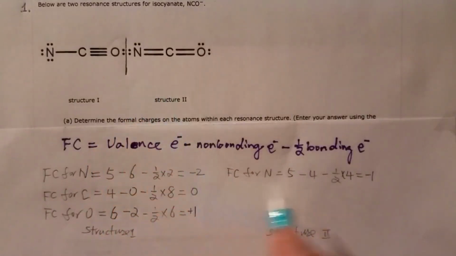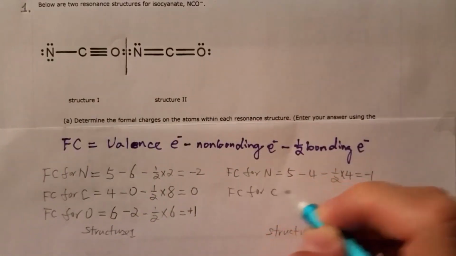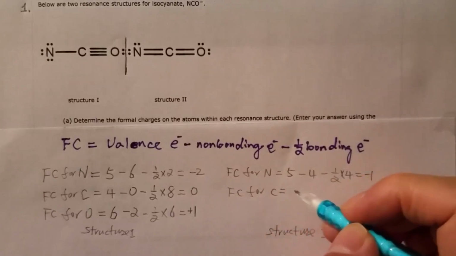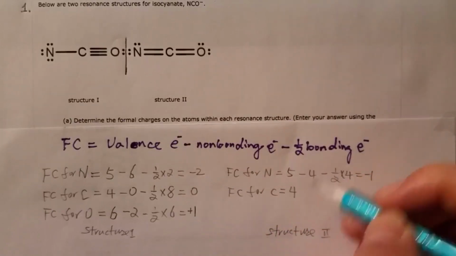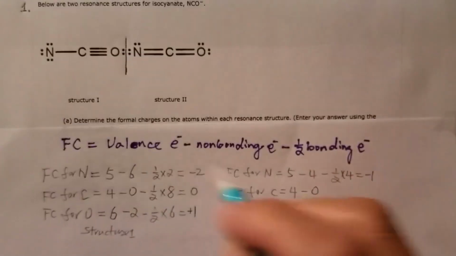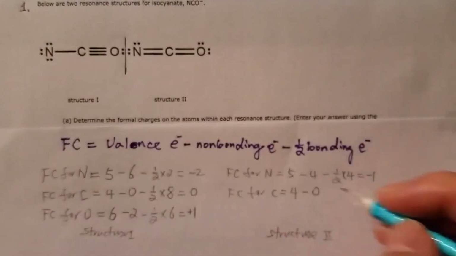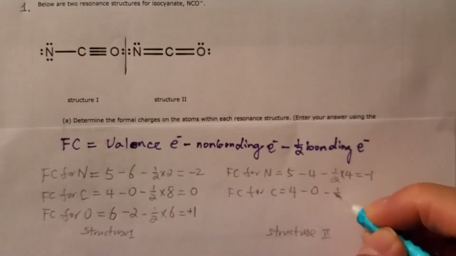Now for the central atom carbon, that should be 4 because it's in the 4th group. Minus, again, there's no lone pair, just like in structure 1. 1/2.